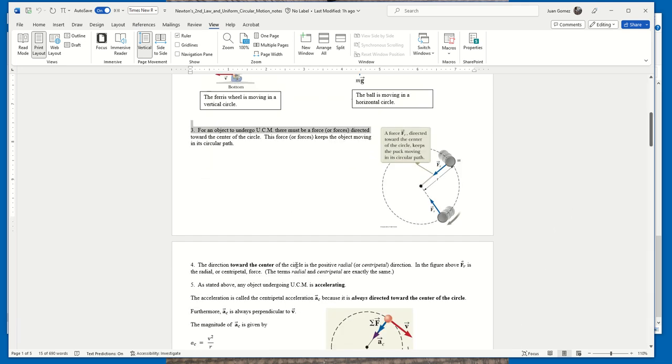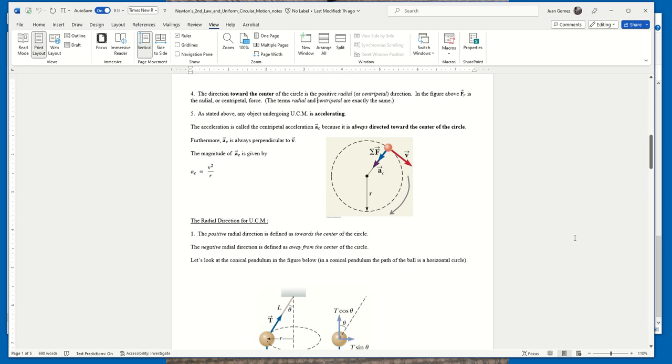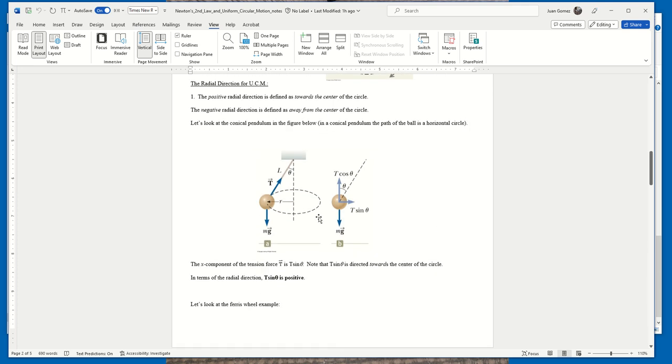All right, let's analyze the conical pendulum. Again, here it is redrawn right here. Spherical and conical pendulum mean the same thing. It's just the path of the ball at the end of the string. It's moving in a horizontal circle. So this is like you're looking straight ahead. It's an edge-on view of this horizontal circle.